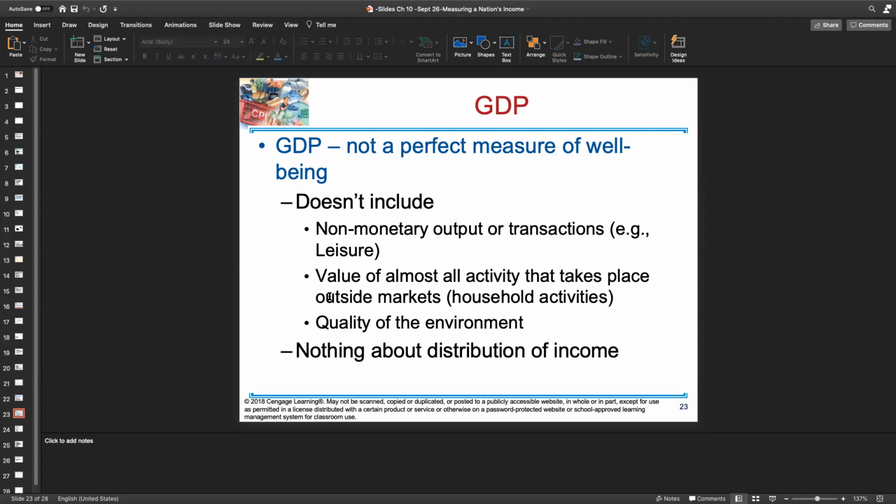Or the value of almost all activity that takes place outside the market, for example, household activities, whatever you work at home as a housewife, cooking, building something at house, as long as it's just your work, without purchasing anything from outside, then that is not counted.